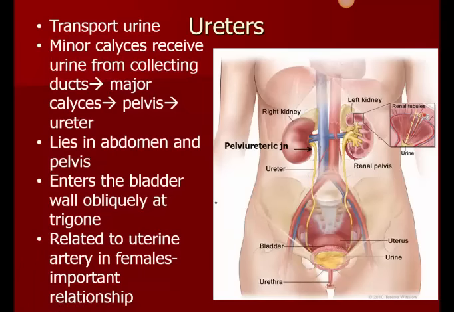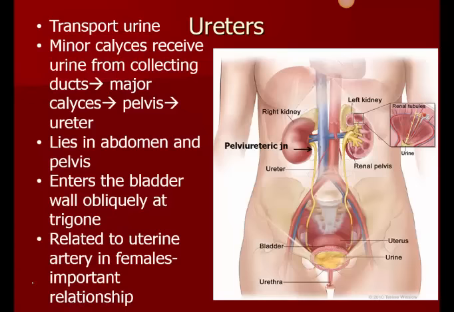Next, we look at the ureter. It begins from the pelvis. The pelvis passes into a narrower area, and in fact, there is a constriction at that point where the pelvis becomes the ureter, and that part is called the pelvi-ureteric junction.